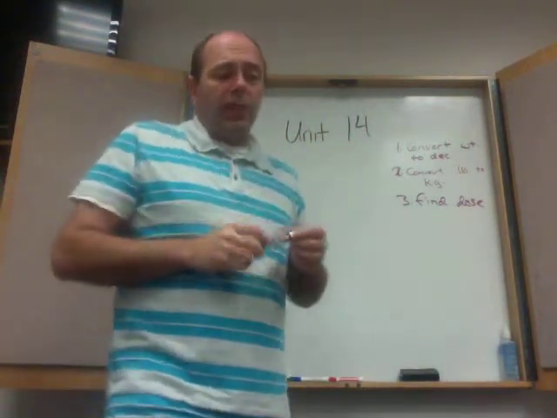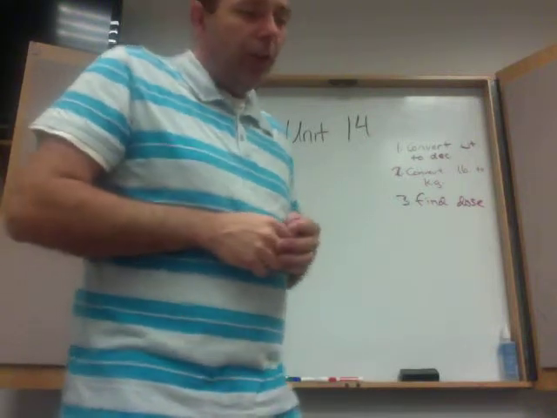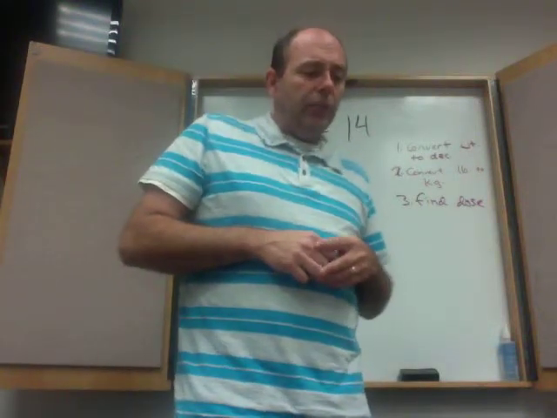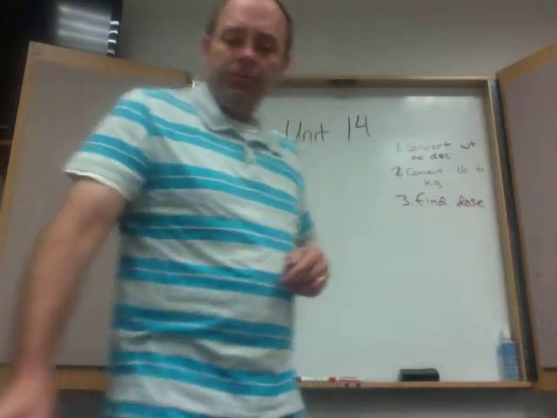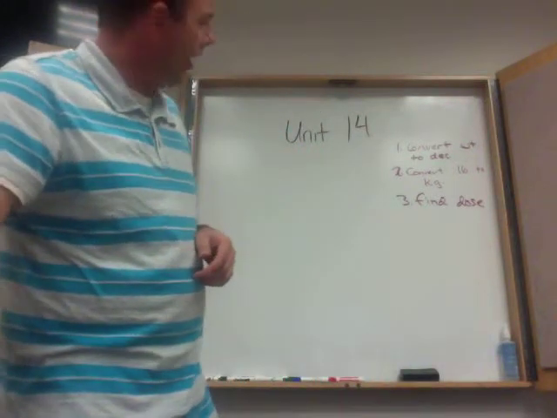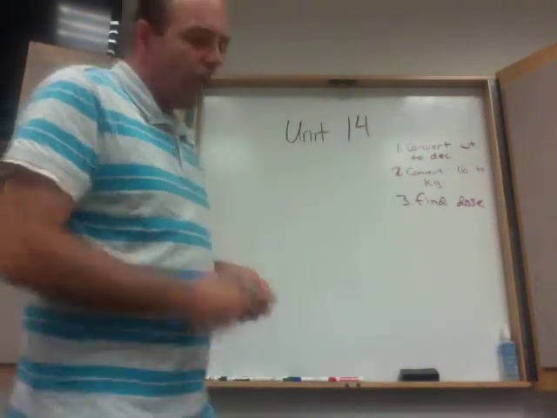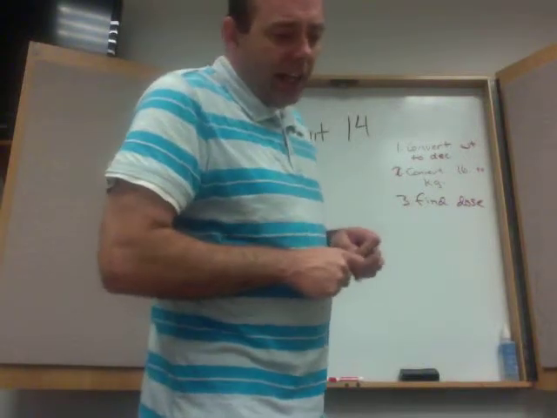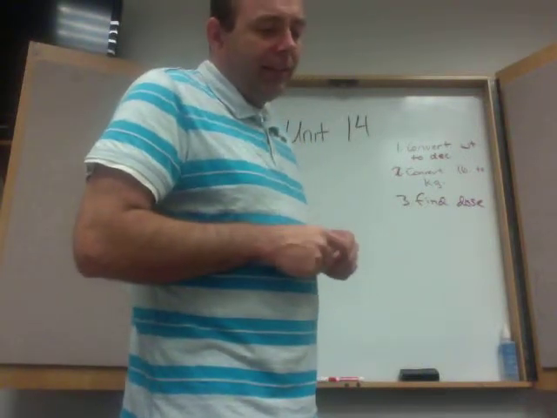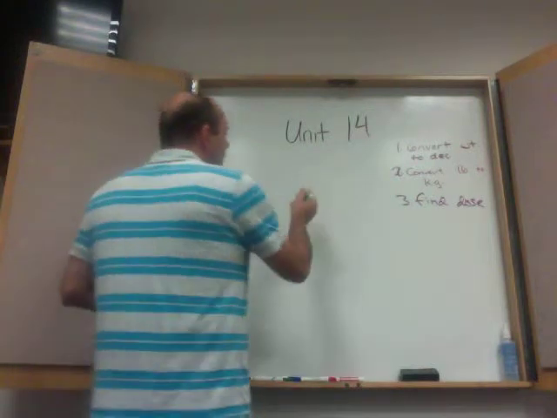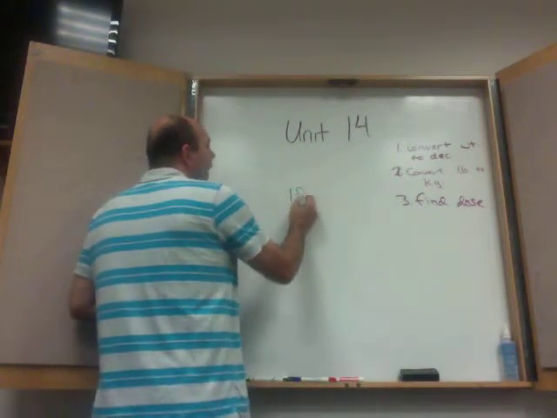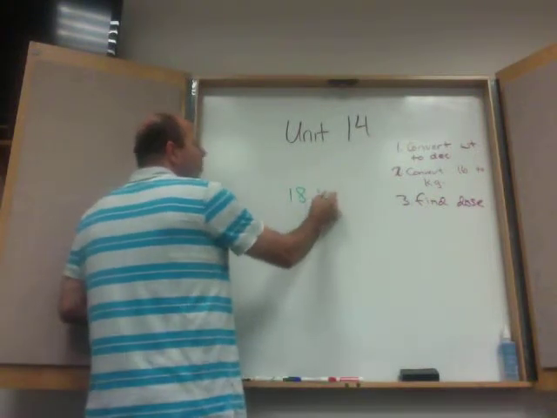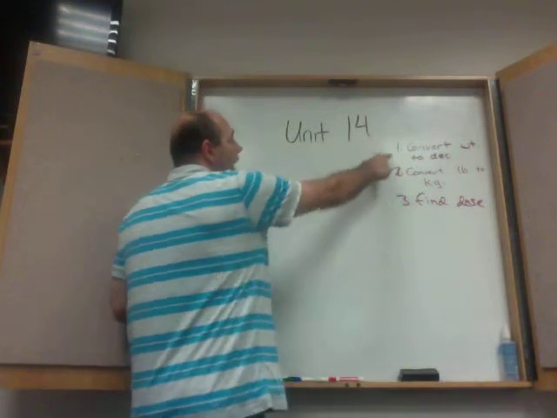The two problems I'm looking at, let's start with problem number 3 on page 288. When I look at that, what I can see is that the weight is 18 pounds. I don't have any ounces, so I don't have to convert to decimal.